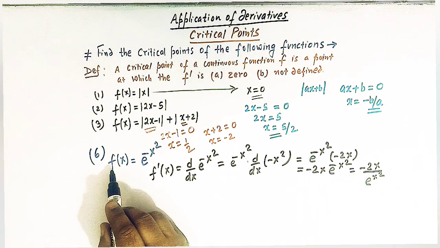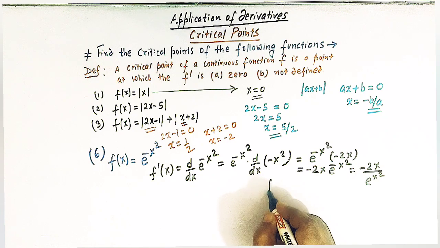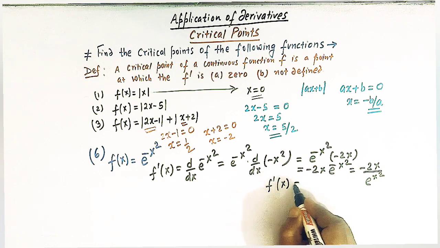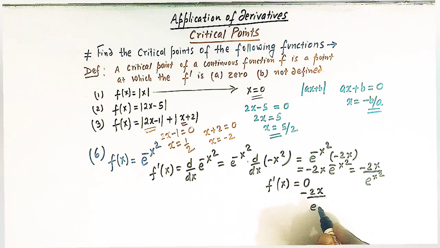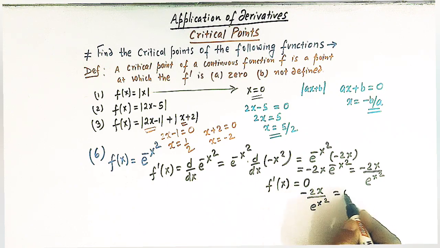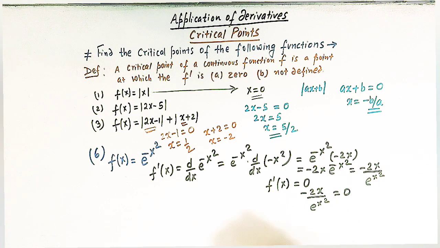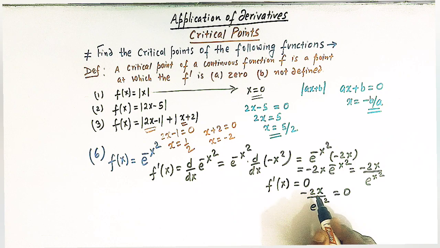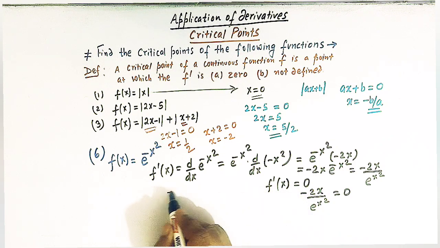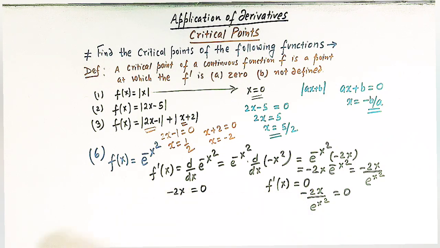So now to get the critical points of this function, we'll take f prime of x is equal to 0. So we have minus 2x over e raised to x square is equal to 0, right? Now see, here in the denominator we have the exponential function, and the exponential function is never equal to 0, right? And it is always a positive quantity, right? So here what we will get is minus 2x is equal to 0.